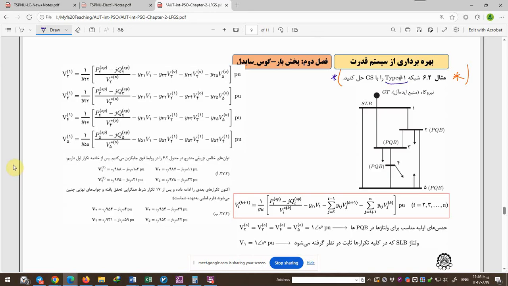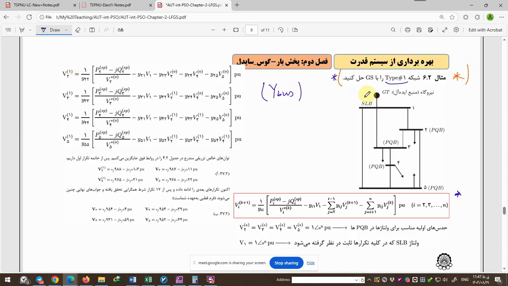In a real case, solving load flow with the Gauss-Seidel method in network type 1, and considering this equation and finding Y bus, we try to calculate iteration number 1 of each bus.